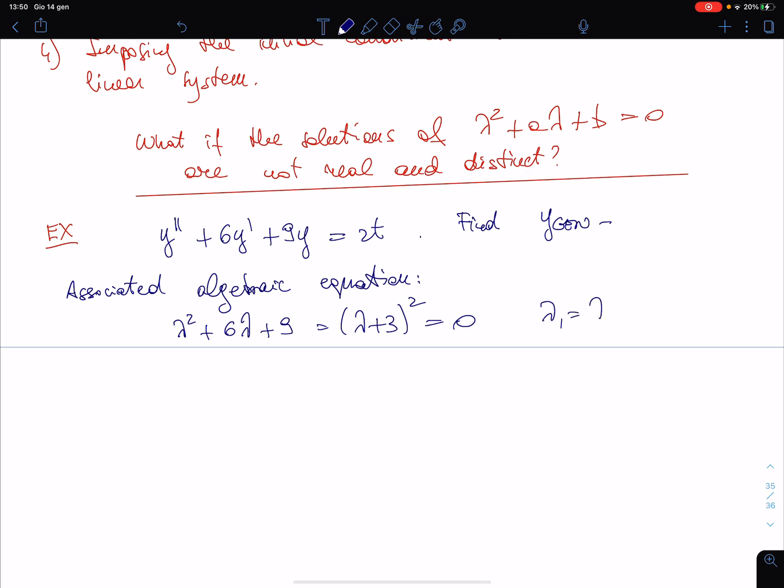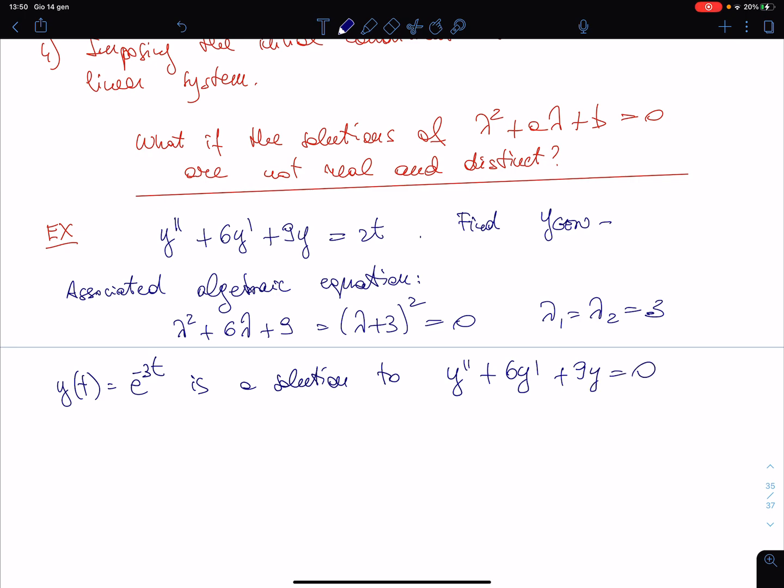So the two solutions are real, but they coincide. So y(t) = e to the power minus 3t is a solution to the homogeneous equation y'' + 6y' + 9y = 0.